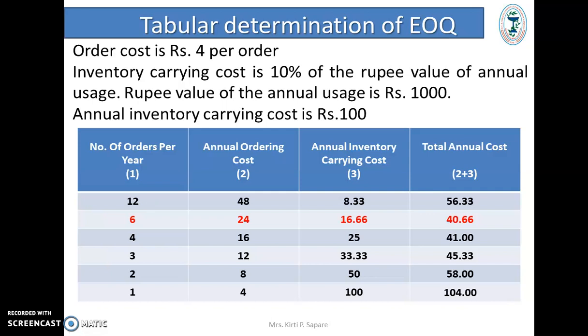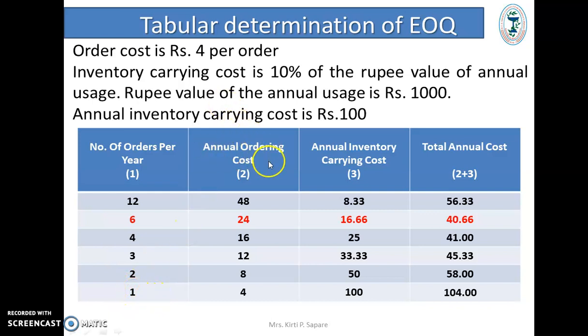If you order after every 2 months, number of orders will be 6. Every 3 months, 4. Every 4 months, 3. Every 6 months, 2. And if you order once in a year, the number of orders will be 1.